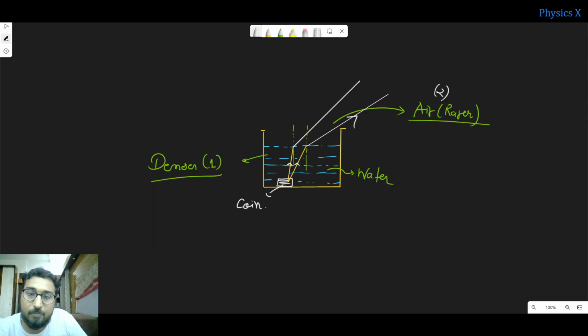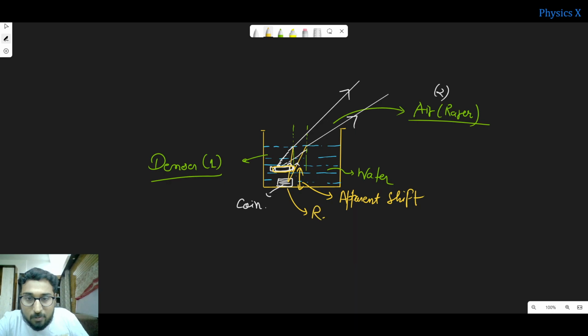What you will observe is that if you backtrace these rays of light, they will appear somewhat above this. This is not a correct diagram because I am doing it roughly, but you will observe that the coin will be shifted. This is now your apparent shift. This is the real position of the coin, but suppose your eye is here.